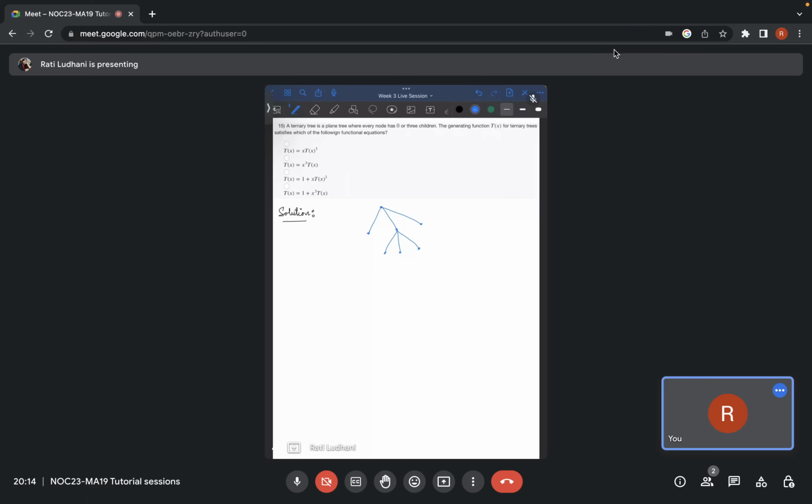So what you are doing is, you consider this node, your main node, the root.